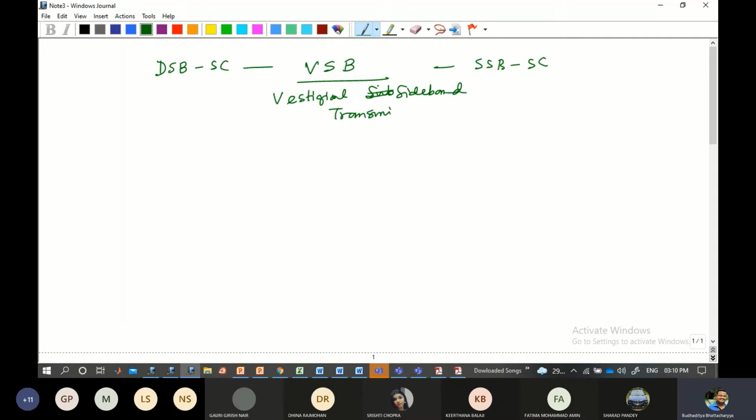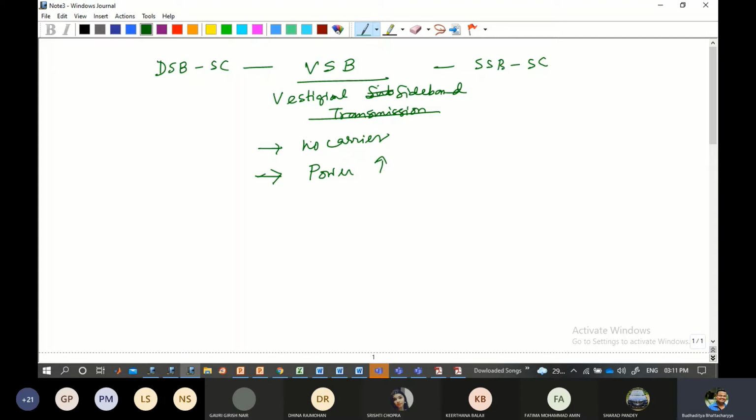Now as I mentioned over here, it is somewhere in between the two transmission schemes. So that definitely means that VSB will have no carrier. That is for sure, because it is more than DSB-SC. And it will also have power efficiency, which is pretty high.